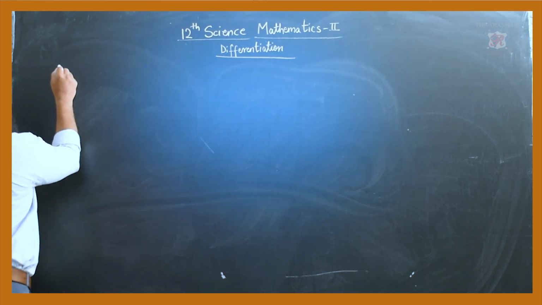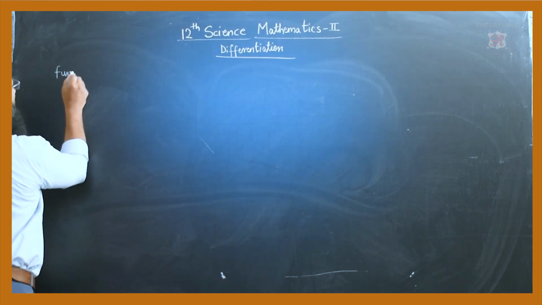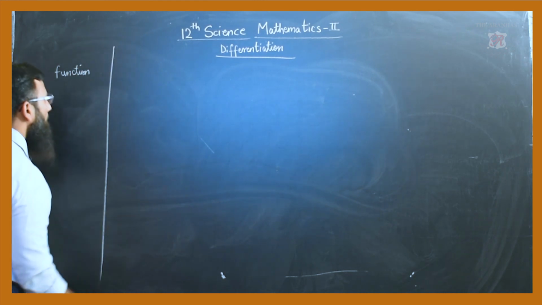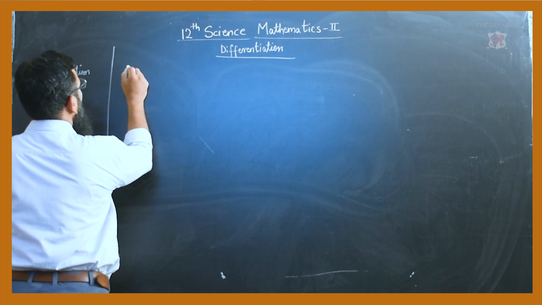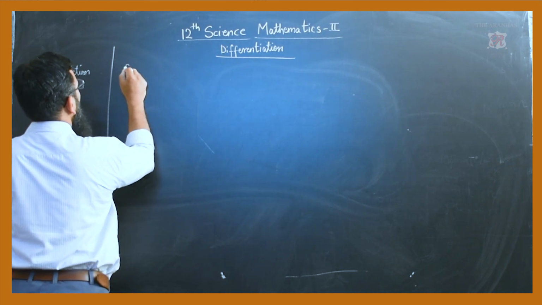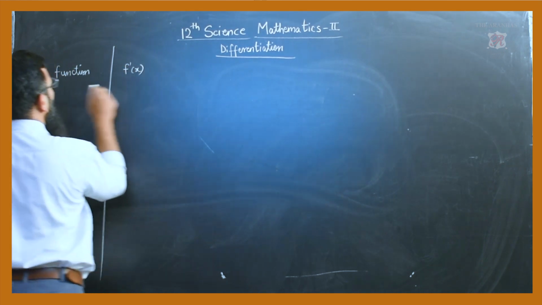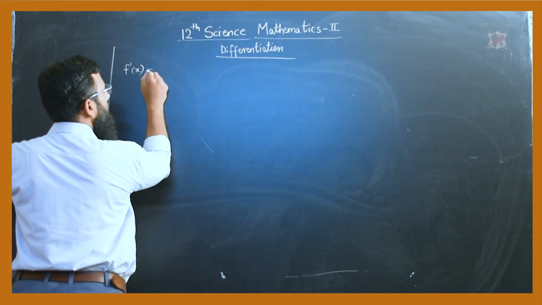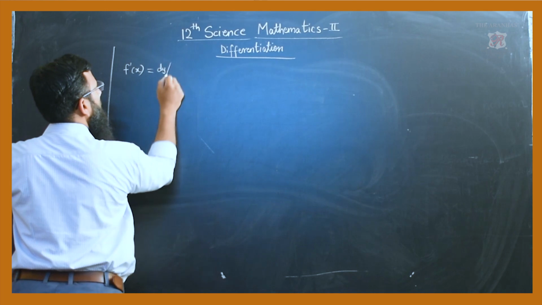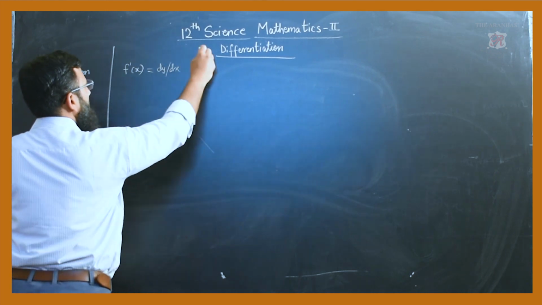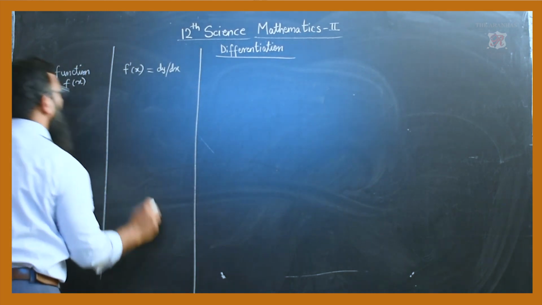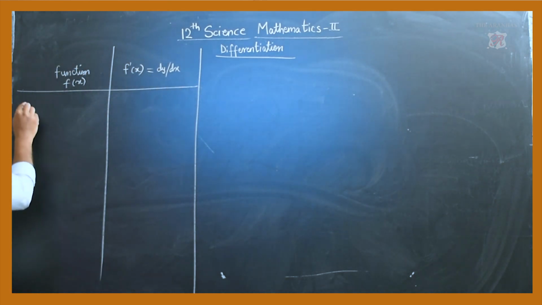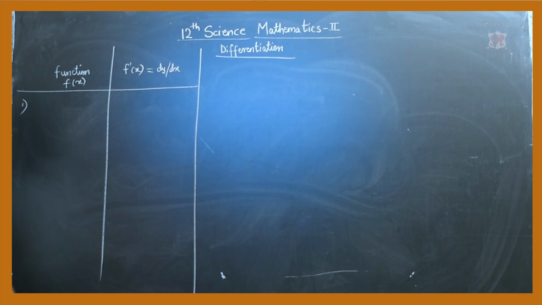But before that, the basic thing: on the left hand side I will write the function, and on the right hand side I will write f dash of x, which is equal to dy by dx, which will be the derivative of it. Let us go with the basic one.